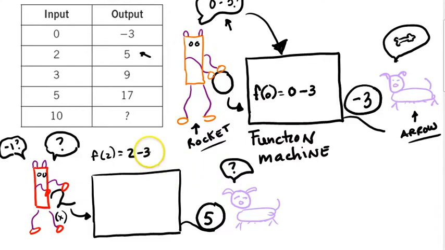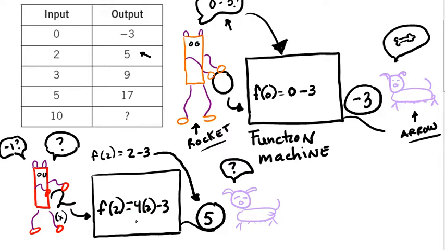So what Rocket does is he takes the -3 and he adds it to 5 to get 8. And he says, well, what times 2 gives me 8? That's 4. So now he's going to readjust to the function of 2 equals 4 times 2 minus 3. That gives us 5. 4 times 2 is 8, minus 3 is 5.